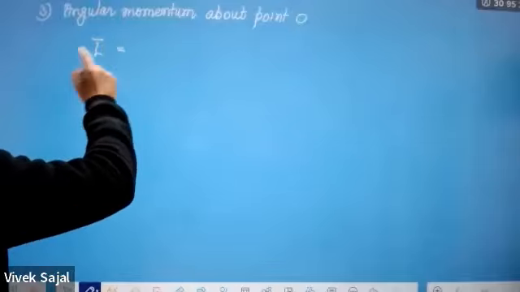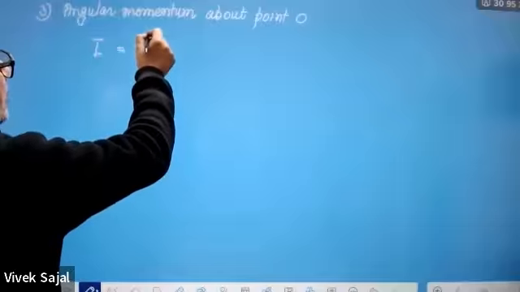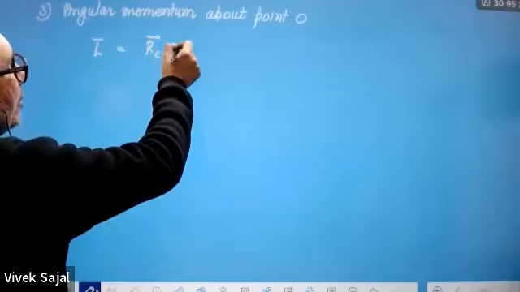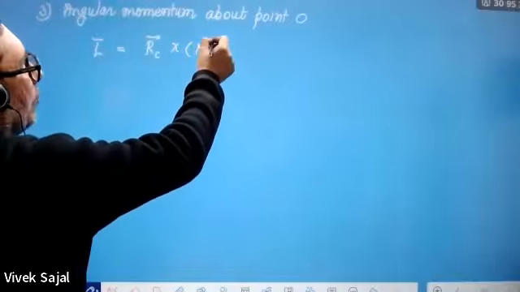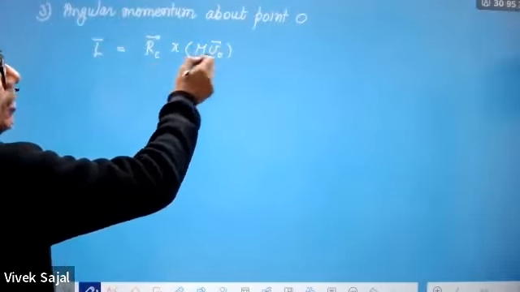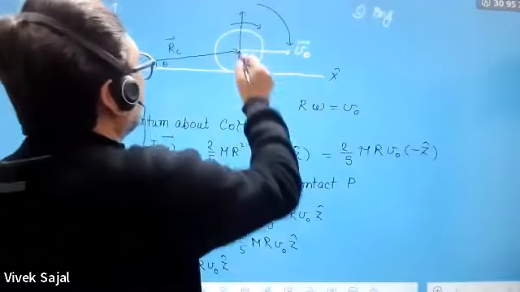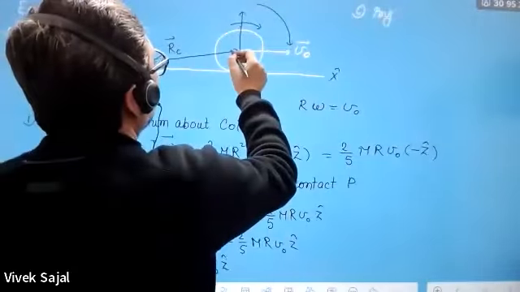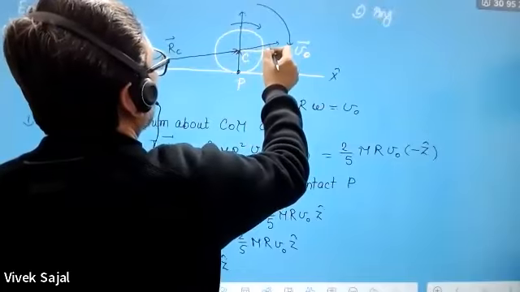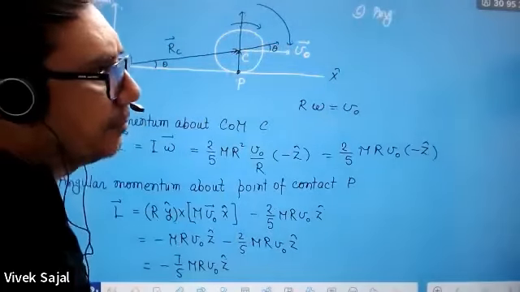This will be RC vector, cross product M V naught. What is the angle between this new RC and M V naught? Try to understand this angle. If you expand this, this angle theta and this angle are the same.